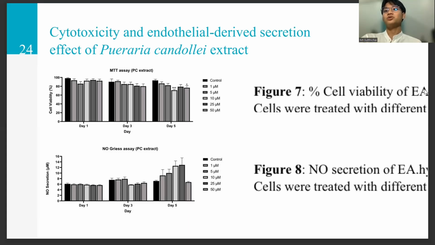Endothelial-derived nitric oxide secretions were measured by Griess assay, as shown in Figure 8, and nitric oxide secretion of endothelial cells treated with PC extract did not show any significant difference when compared to the control group.